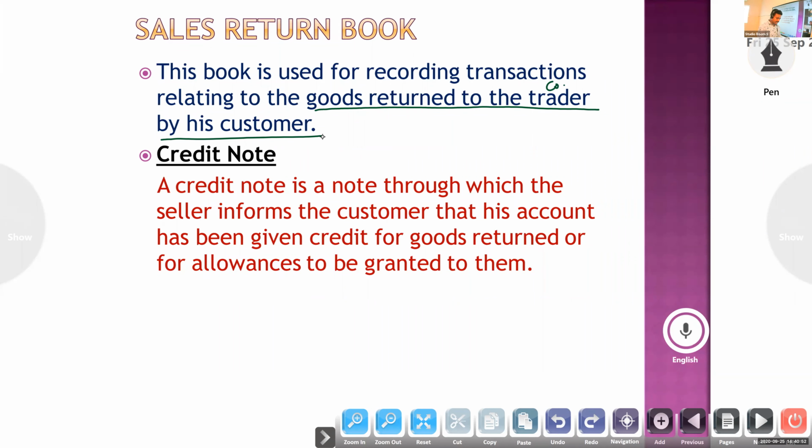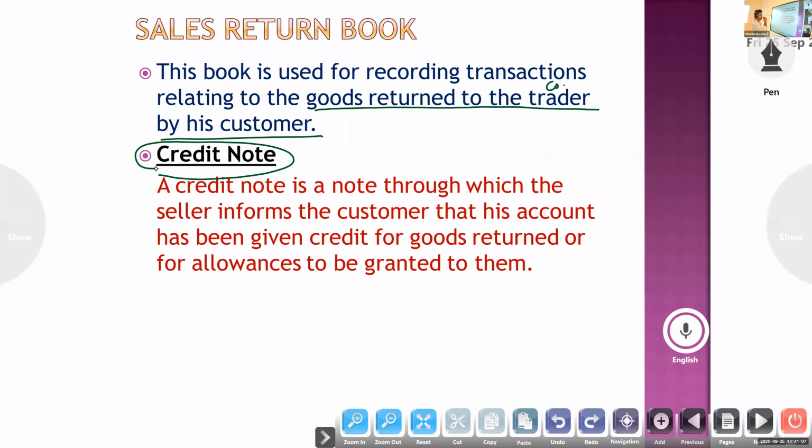That transaction we record in the sales return book. We sold goods, so we get the goods back. Same like the purchase return book, here the transaction is recorded on the basis of a credit note.